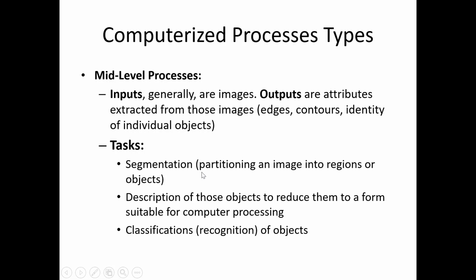With the help of segmentation, we can obtain information like edges and contours. In segmentation, we partition an image into regions or objects, that is, we divide the image in the form of regions or objects. We then describe those objects to reduce them to a form suitable for computer processing, so that we can identify the objects.